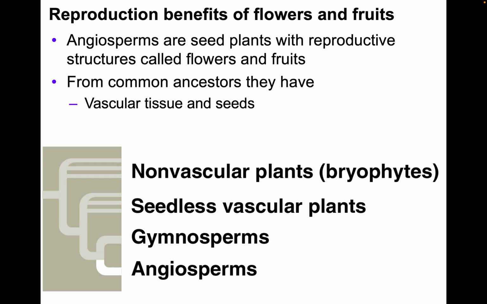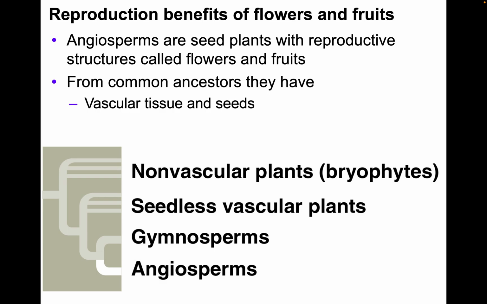They produce flowers to help encourage specific pollination via animals, usually. And they produce fruits that will wrap themselves around the seed so the seed does not go out into the environment naked, like we call the naked seed plants of the gymnosperms.